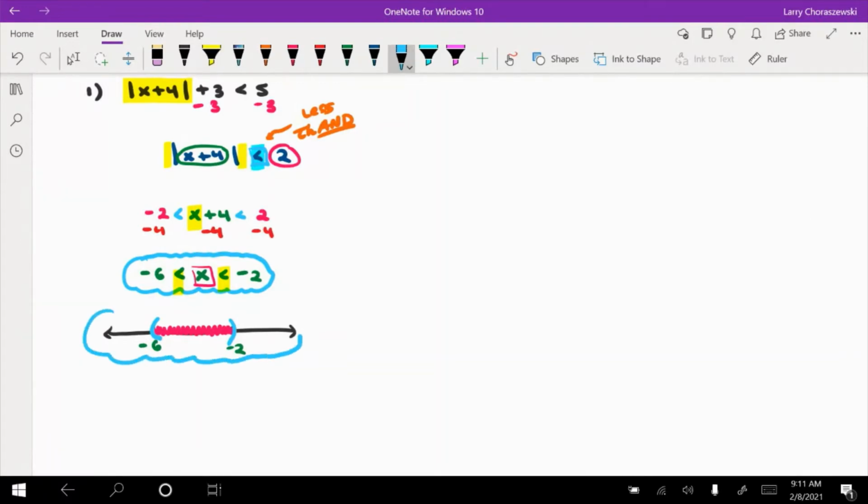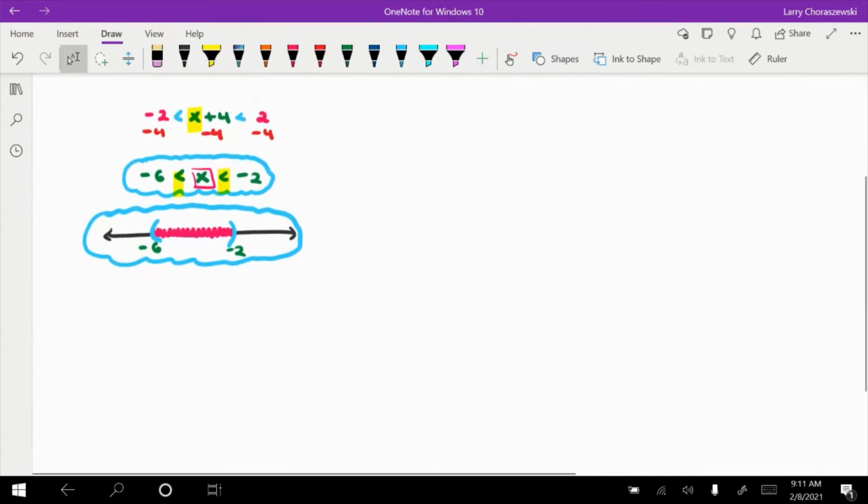So this would be our graph. And then for interval notation, we write down the smallest number involved in our diagram, which is negative 6. Then we write comma. And then we write the largest number involved, which is negative 2. And the symbols that we used on them with the number line are the same symbols we'll use in the interval notation.